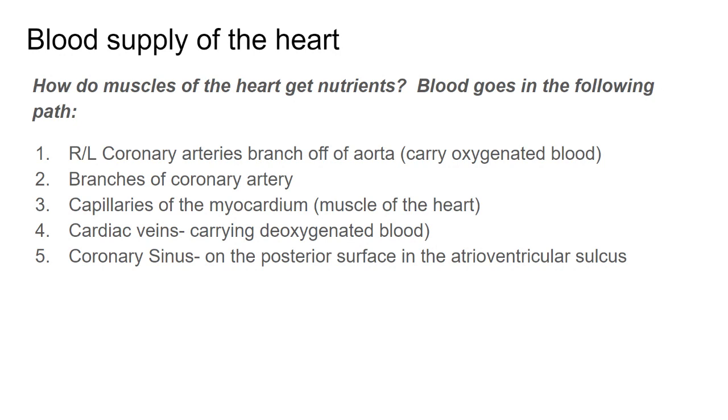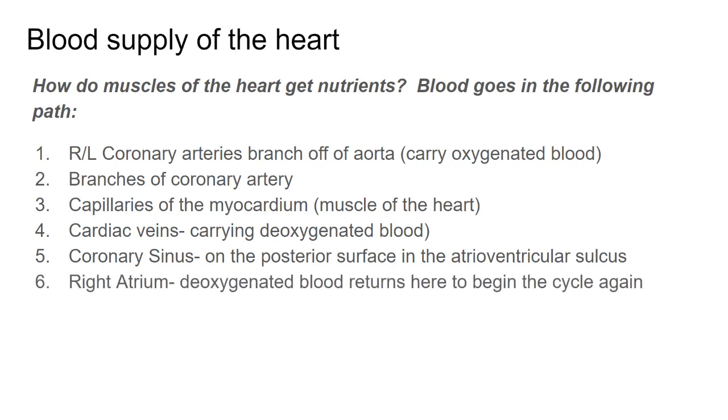Cardiac veins carry it to this thing called the coronary sinus. This is on the back side of the heart, in this little groove called the atrioventricular sulcus, which is a very weird term, but think of atrio and ventricular, between the atrium and the ventricle. There's this little thing back there that's going to accept this blood, and finally it's dumped into the right atrium.